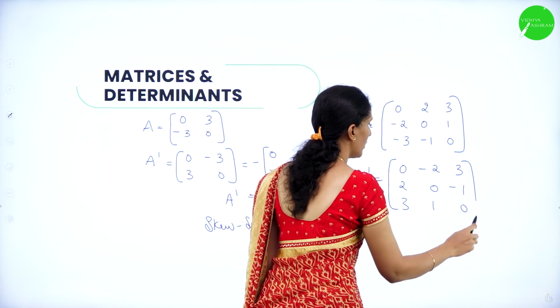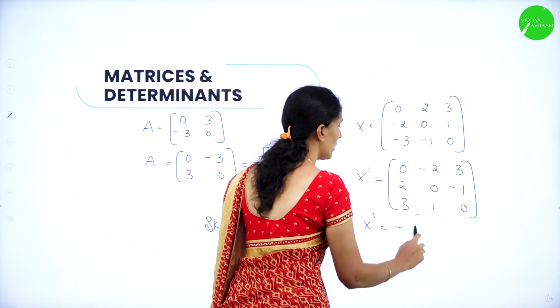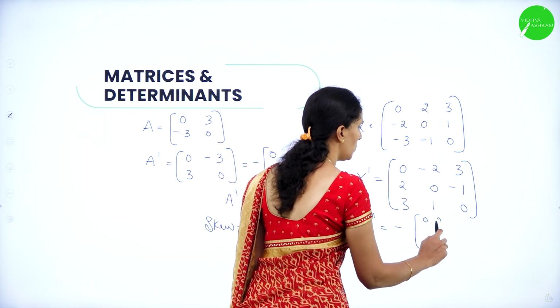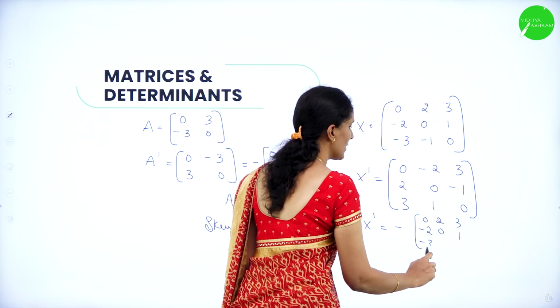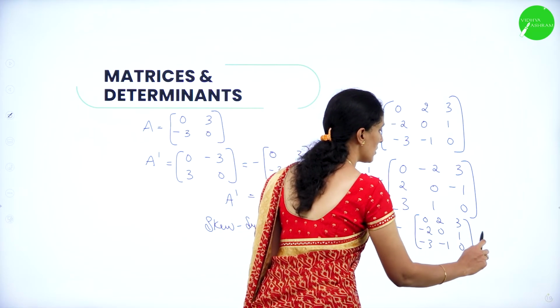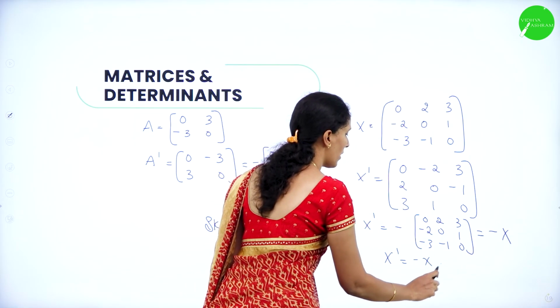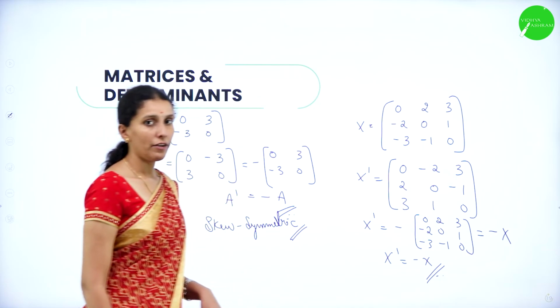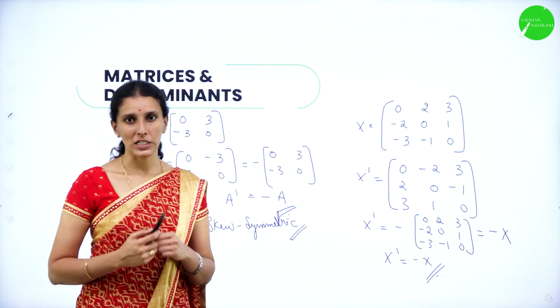Clearly, if you take minus outside, then you will get 0, 2, 3, minus 2, 0, 1, minus 3, minus 1, 0, which is equal to minus X. So here also X dash is equal to minus X. Therefore, this is an example of a skew symmetric matrix.